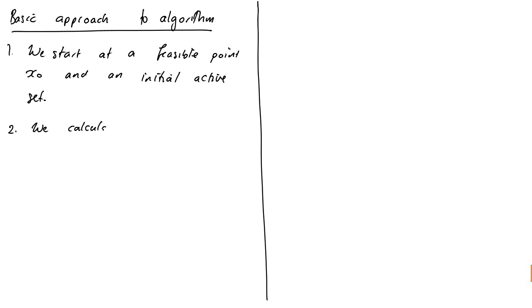We calculate what I'll call x star EQP, and also nu star, which minimizes the EQP defined by the current active set.